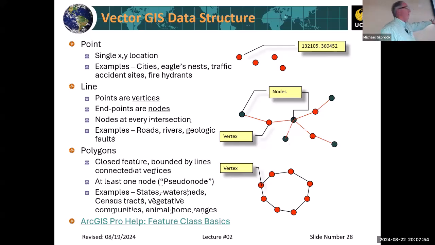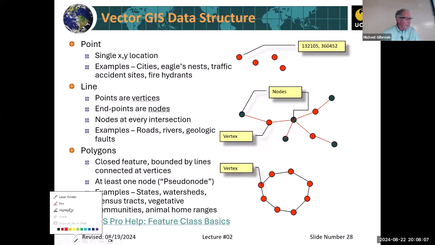We're mostly going to be using vector data in this class. And let me just refer to, with regard to coordinates, you should all be familiar with this idea of the Cartesian coordinate system. Let me just make a quick sketch here.